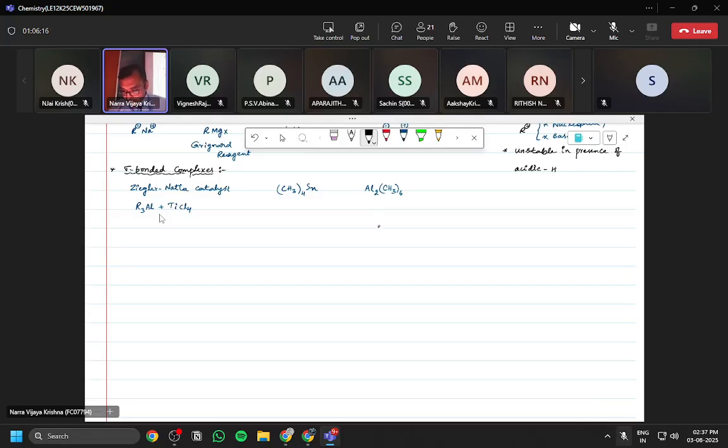For example, if we take this one, aluminum, methyl, methyl, again methyl. First listen. Methyl, methyl, and here I am taking again methyl. Does aluminum have empty orbitals or not? Into that empty orbital, these electrons may shift. Then what is this type of bond?